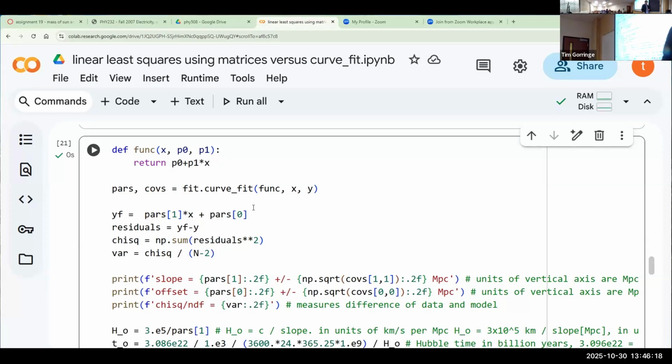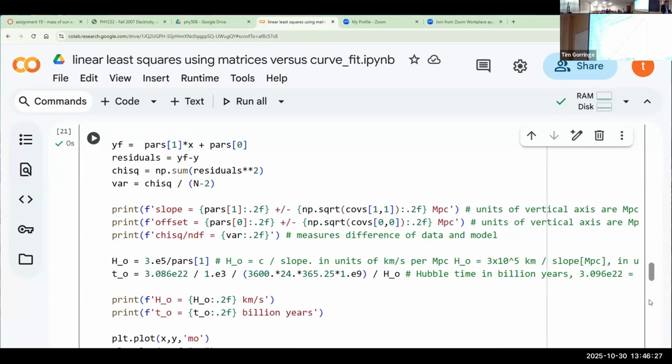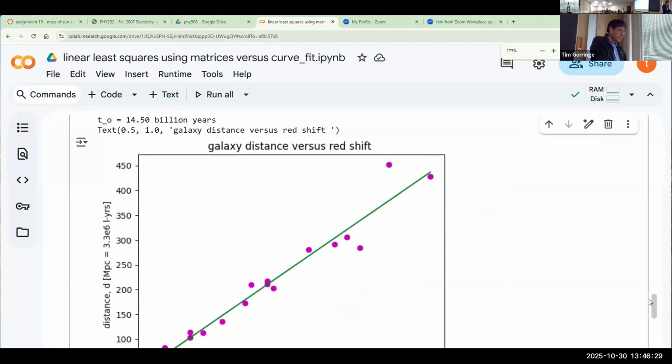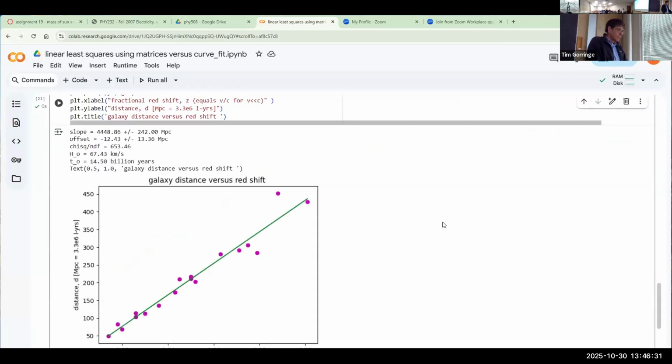So we can take a look at this result, which is here. These are now the results from the curve fit function, again in magenta now, the same data points, same axes.